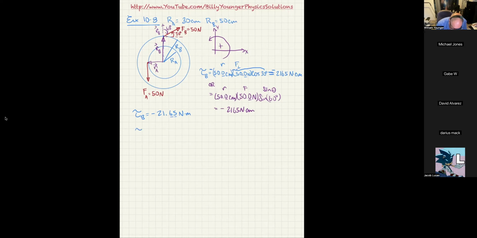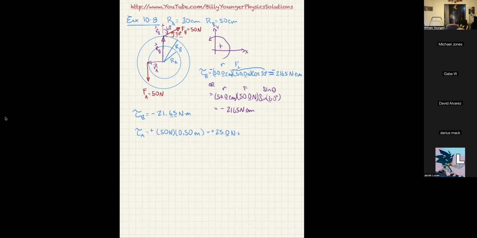So torque A, and this one's a counterclockwise one, so it is positive 50 newtons times 0.50. Excuse me, that was centimeters, but since I wrote it as 0.50, it's meters. So 50 times 0.50 is obviously 25.